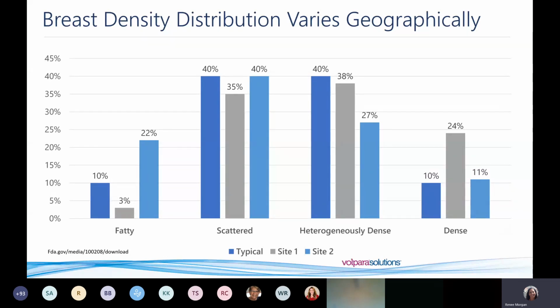And we see the typical is that 40 in the middle with scattered and heterogeneous and 10% fatty and 10% dense. But sites really need to be aware of the patients that they're servicing. In other words, site 1, the gray site here, has a higher percentage of dense breasts. And that's important to know so that you can serve that population better with supplemental screening.